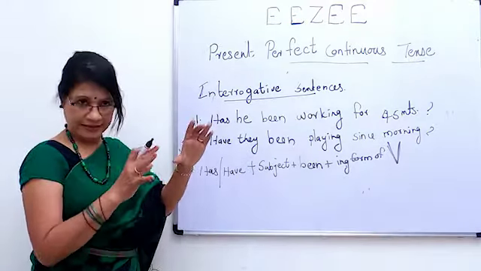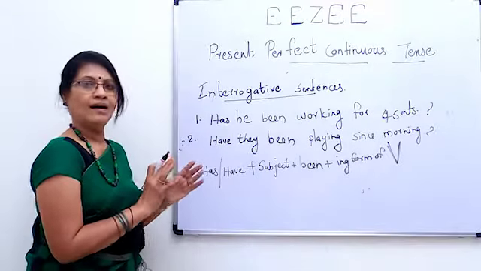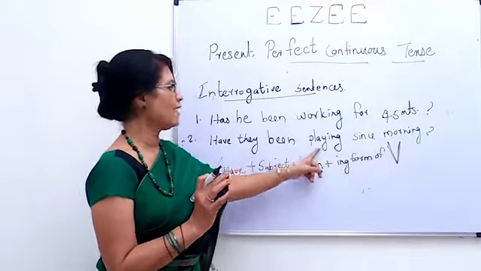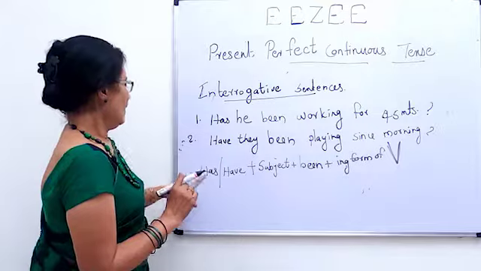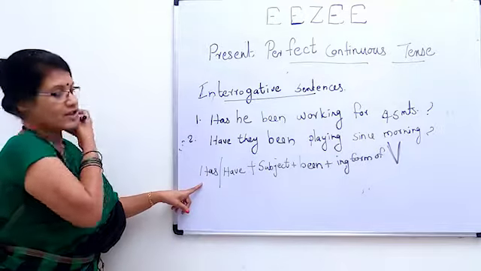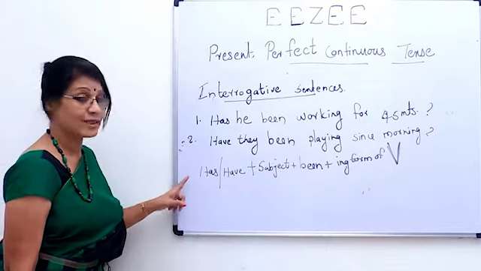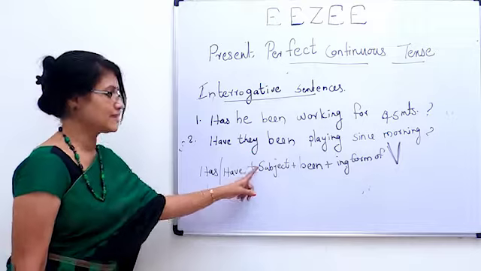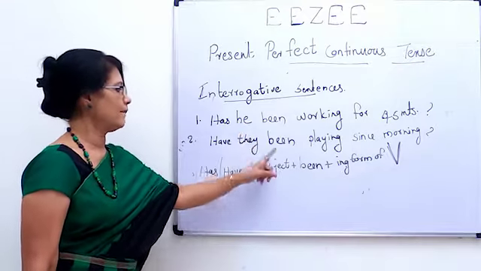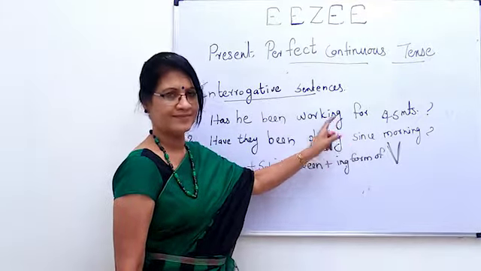Actually in present perfect continuous tense, have and been are helping verbs only, and the main verb is playing here and working there. So for interrogative sentences, it is has or have plus subject plus been plus the ing form of the verb.